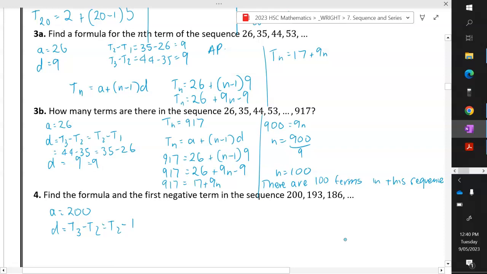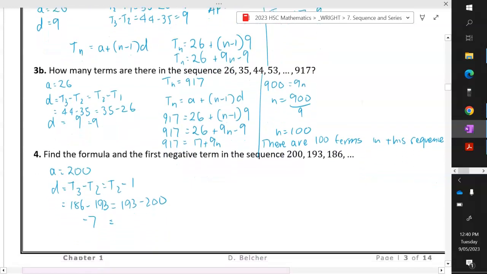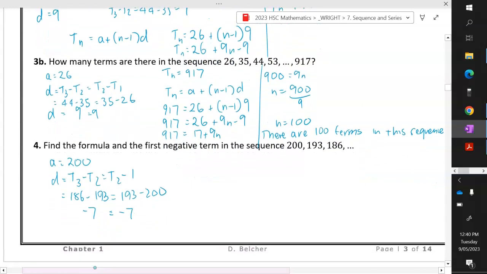So let's just formalize it and write it down like that. 186 minus 193 is equal to 193 minus 200. So popping that in your calculator, double check that we've got minus 7 on the left and minus 7 on the right. So our common difference is going to be minus 7.